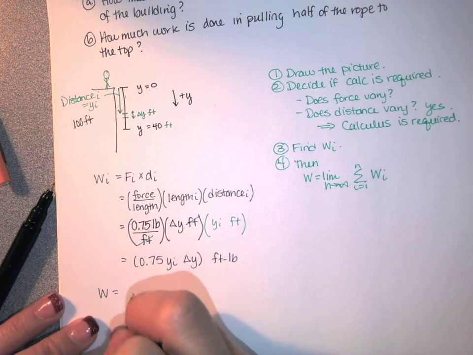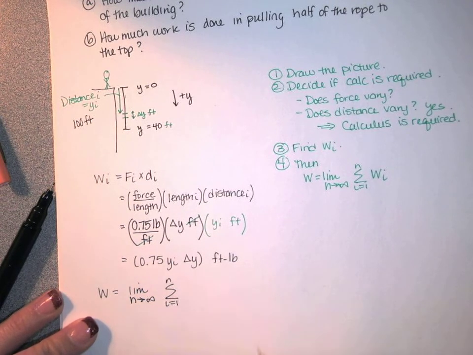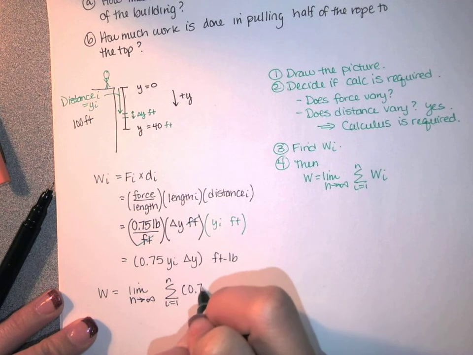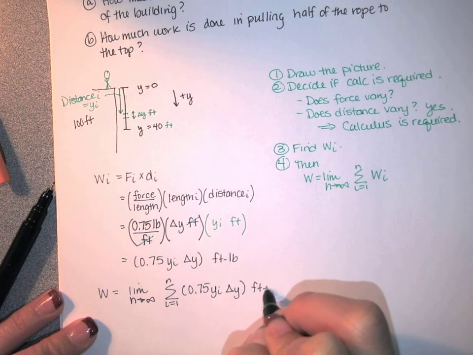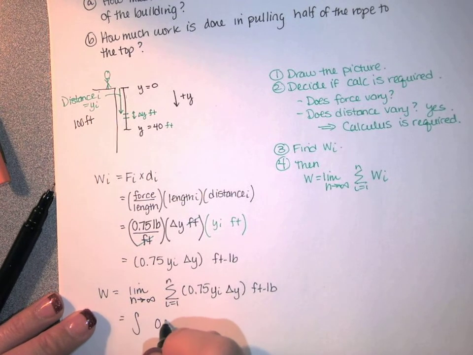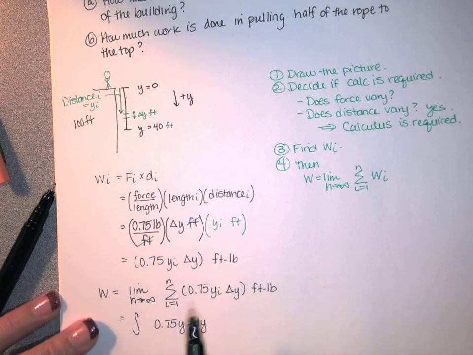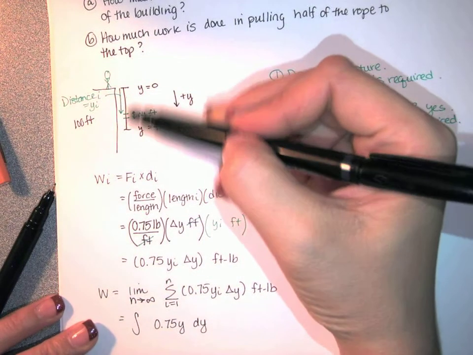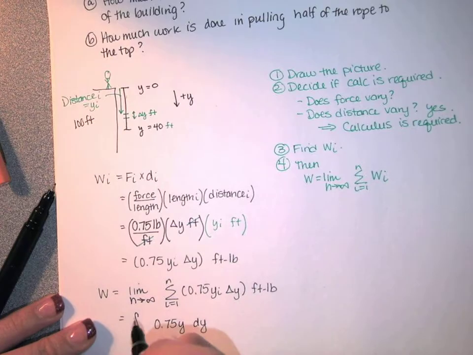So total work is the limit as n goes to infinity of the sum of the work on each of those individual pieces, which is 0.75 times y sub i times delta y. That's foot-pounds. And that's the integral of 0.75 times y dy. And we're integrating wherever we're lifting that rope. So we're integrating from y equals 0 to y equals 40.